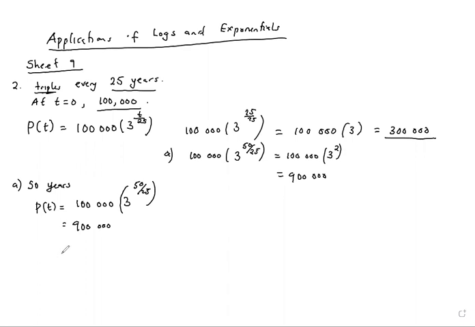And after 70 years, say P(70) is 100,000 times 3 to the power 70 over 25. And after 100 years, we do the same. P(100) is 100,000 times 3 to the power 100 over 25. 25 into 100, you get 4.